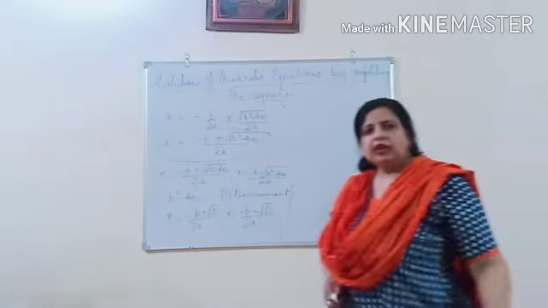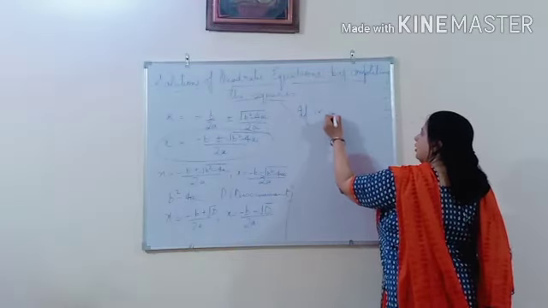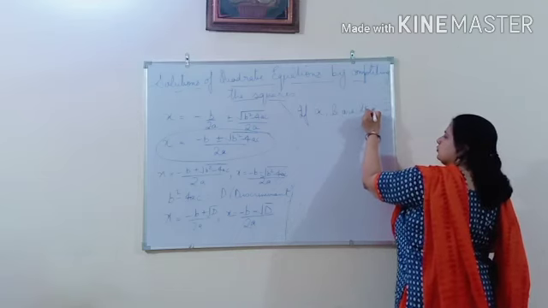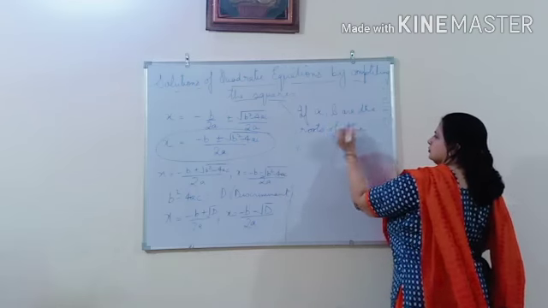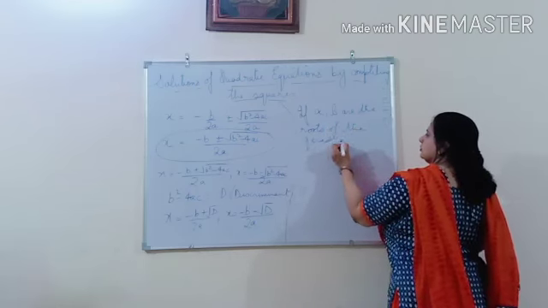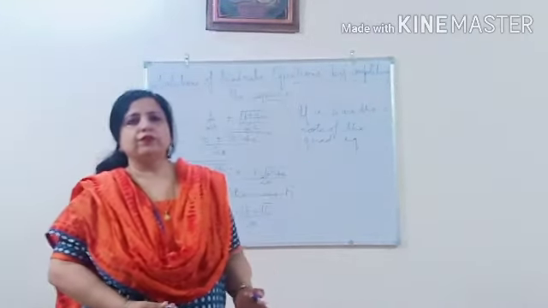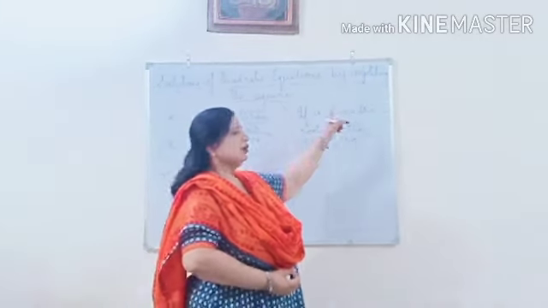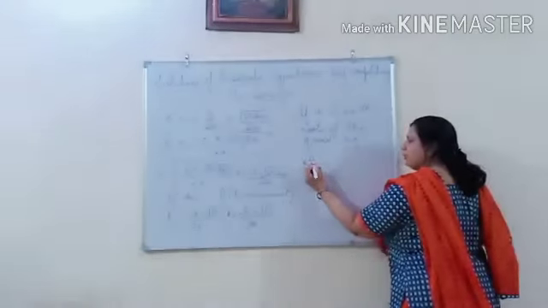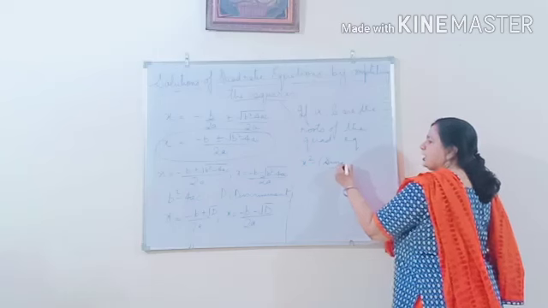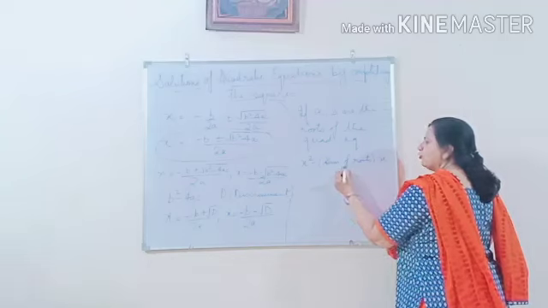If alpha and beta are the roots of the quadratic equation, and we have to find the quadratic equation, the formula for that is x square minus sum of the roots times x plus product of the roots.